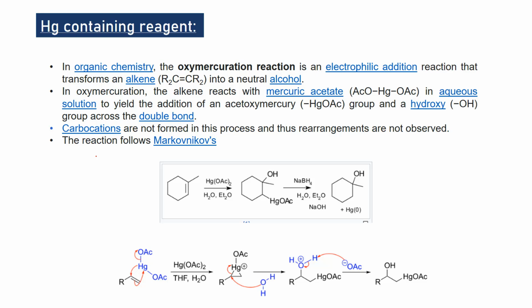If you see the mechanism, first this double bond undergoes cyclic intermediate formation. After that, this OH, water, will attack and this three-membered ring will open up, and if you add any hydride source into this, then this Hg gets replaced with that, forming this hydroxylated product.